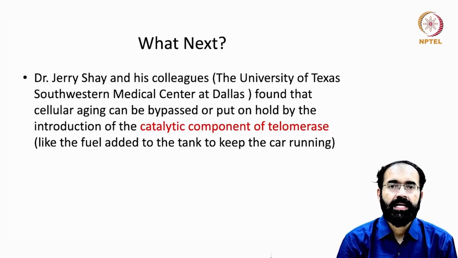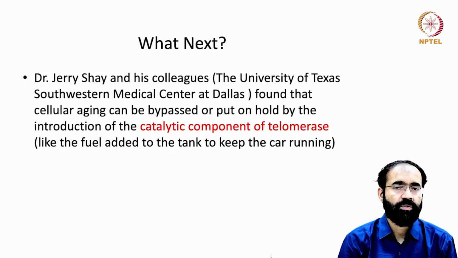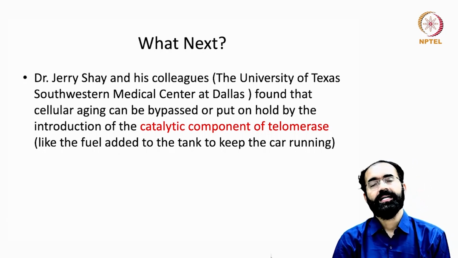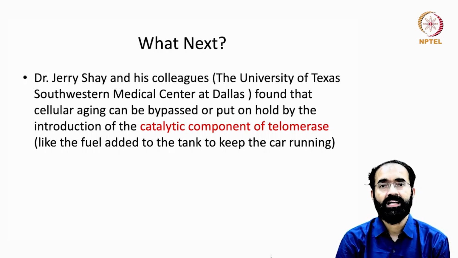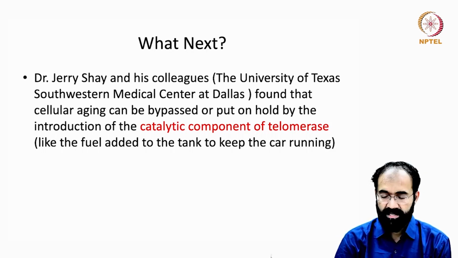Like if there is an electricity supply, the motor will continue to run, or any other system you can think of. As long as firewood is added, the fire will continue to burn. The only limitation will be the firewood. Same way, telomerase is the limiting factor. If you have telomerase available, the telomere length will not go short, no matter how many times the cell is dividing.